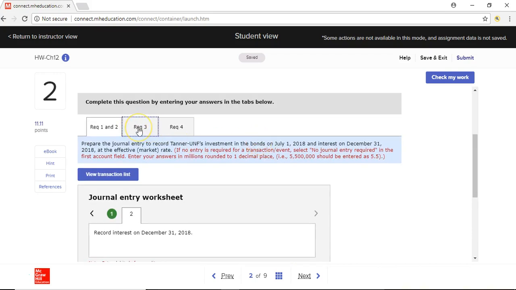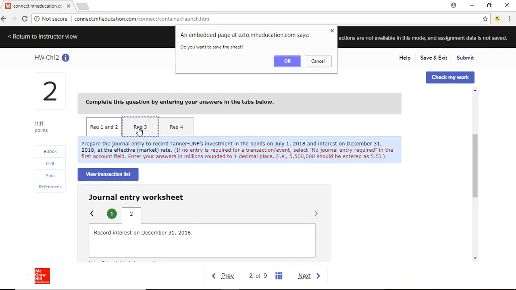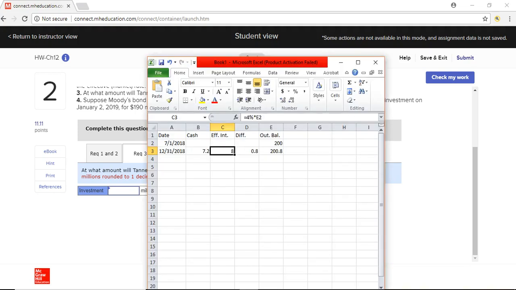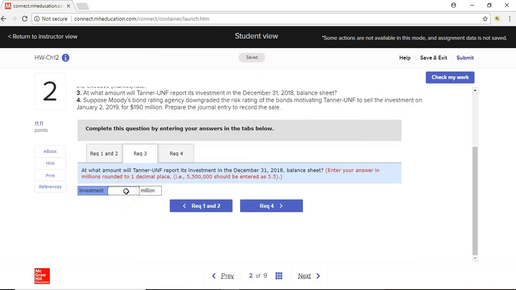Okay, and then requirement 3 asks us what amount should Tanner UNF report for this investment at the end of 2018. These investments are held to maturity, so we will report the amortized cost on the books. So that will be $200.8 million.